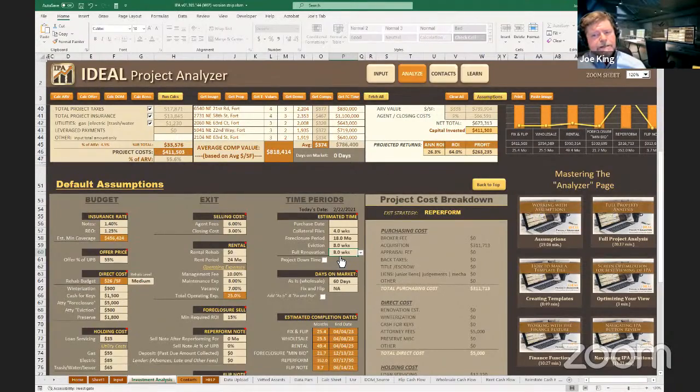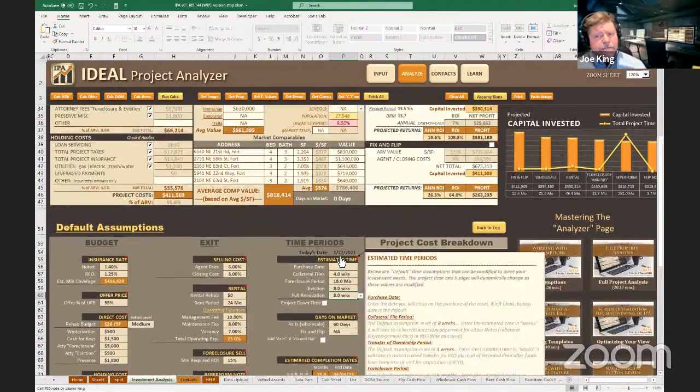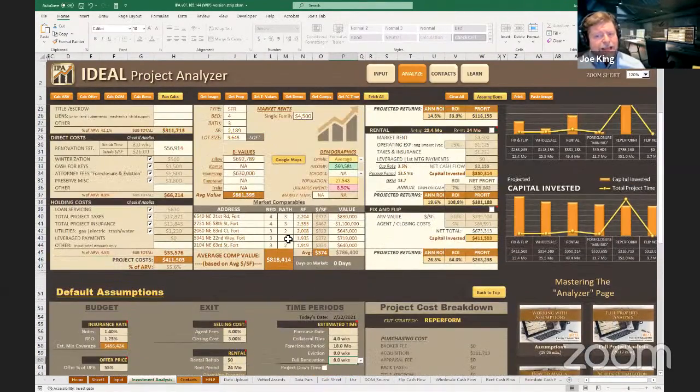Okay. Now, selling the property, we have an estimator built into this, and we're not seeing it right now because we're in the process of updating it, but we have days on market, where the IPA will tell us how many days on market this asset, or an asset similar to this, would go for in the general area. If it's 90 days, then it will automatically get added into the overall time frame.